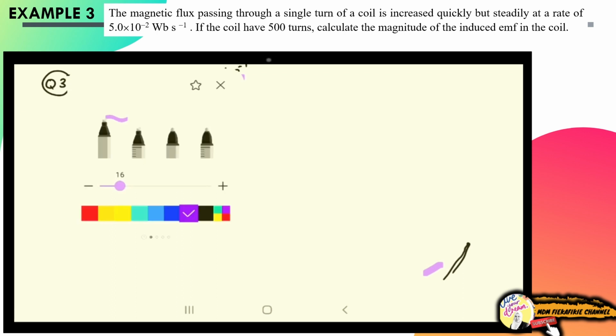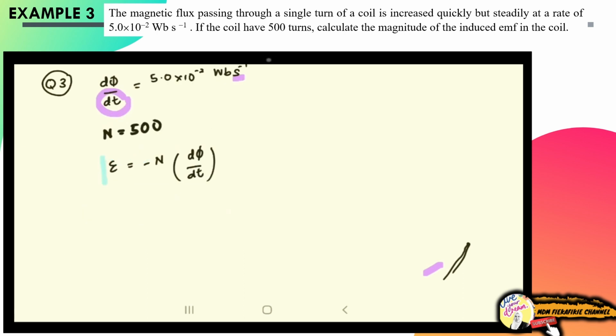So we can just substitute in this equation. It is straightforward: negative 500 times 5.0 exponent negative 2. In this question, just look at the unit Weber per second.